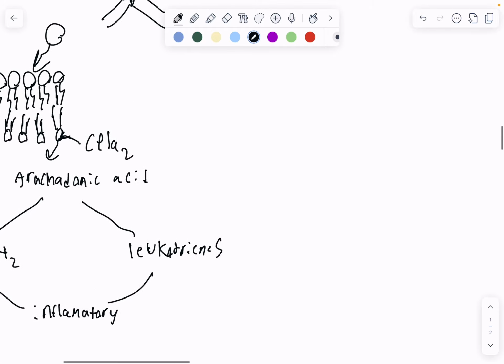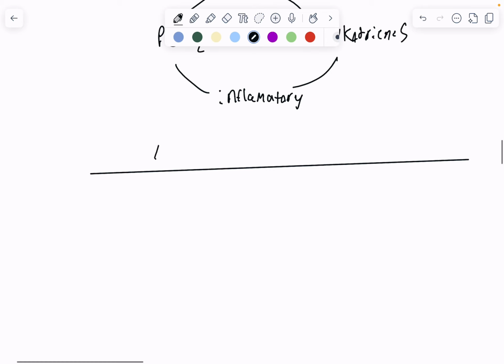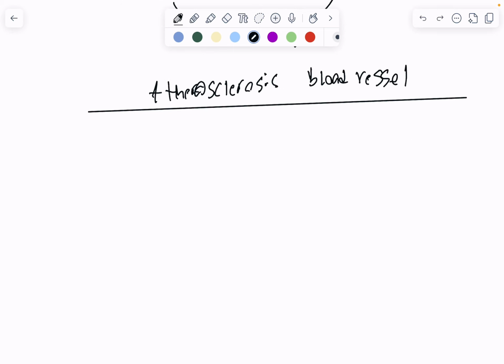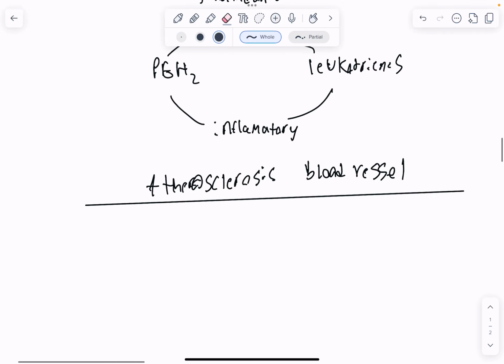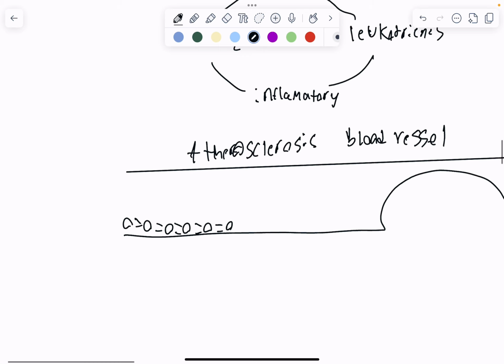And this inflammatory signal is huge because we can now look at the affected atherosclerosis blood vessel. So you have your red blood cell and it's traveling through.